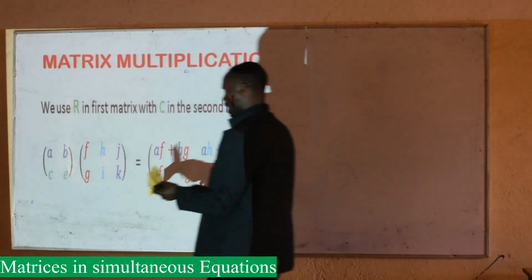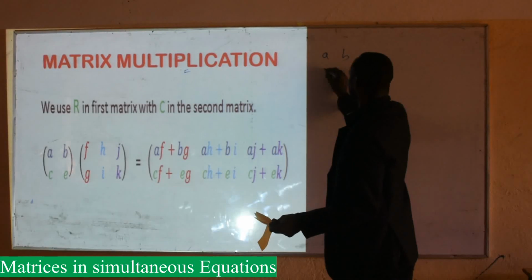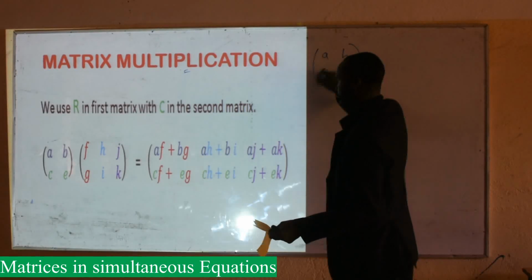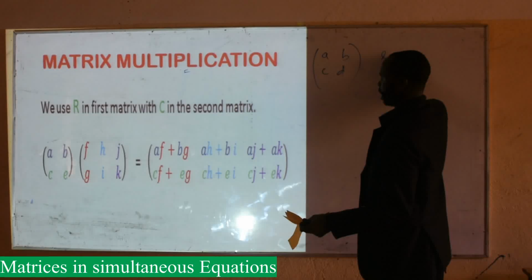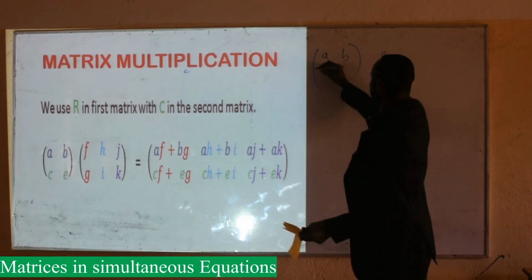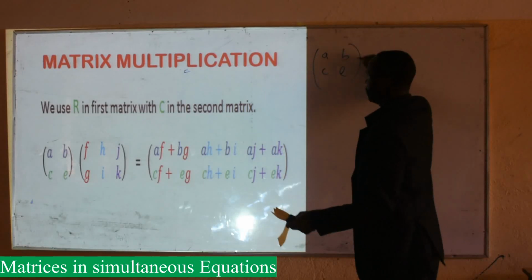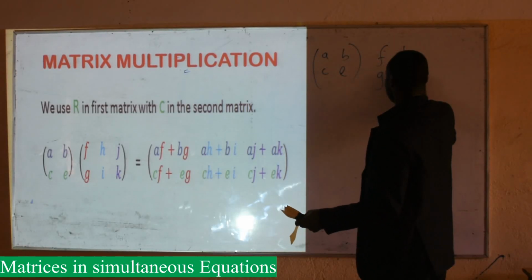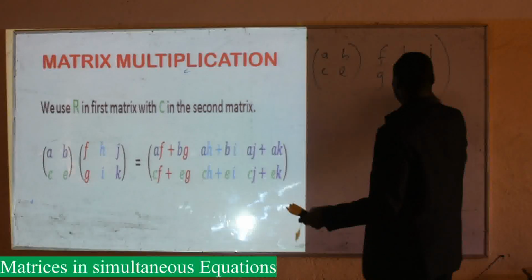When you have covered there, for example, this is A, this is B, this is C, and so on, this is E, this is F, this is G, this is H, this is I, this is J, and this is K, like this.